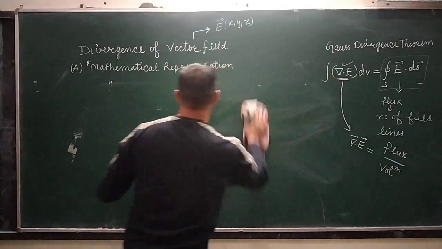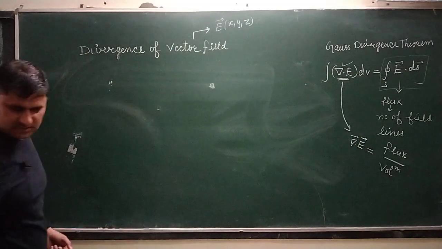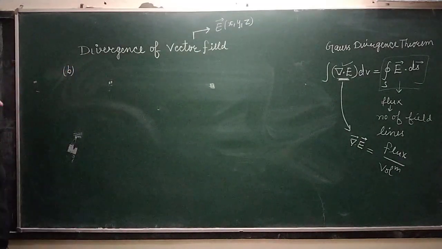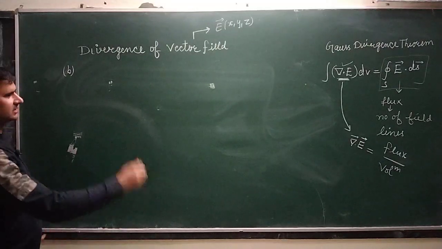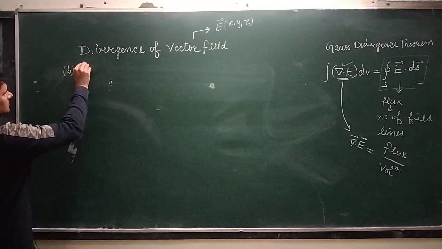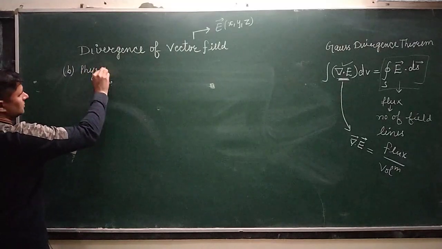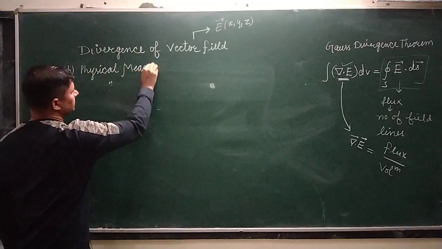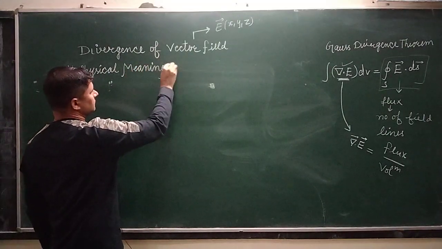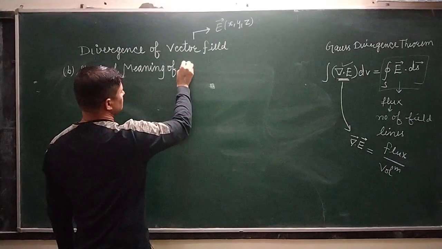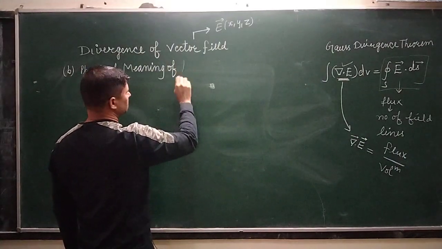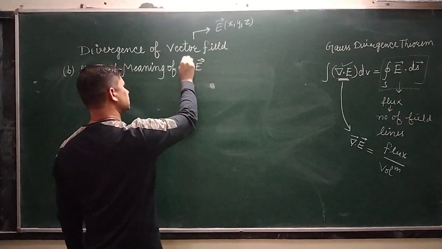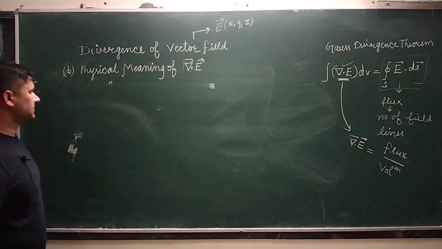So the next part is the physical meaning. I have told you the physical meaning, and we will do mathematical analysis of this thing. Here we are to discuss now the physical meaning of divergence of the vector field, that is electric field. The vector field here is electric field in our case.